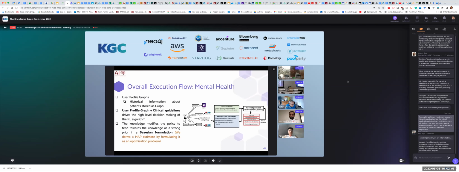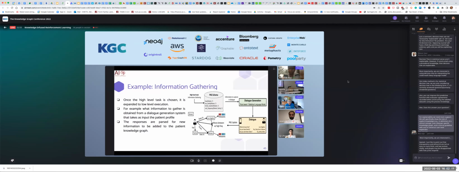So once the high-level task is chosen by the reinforcement learning framework, it has to be decomposed into operational dialogue. So in a knowledge graph, along with the triples, there's also a schema.